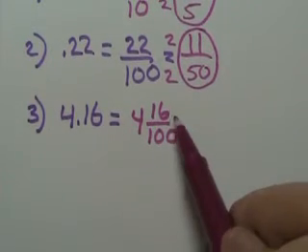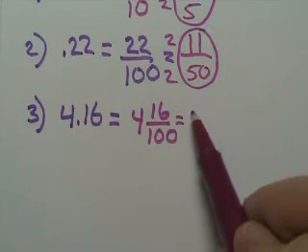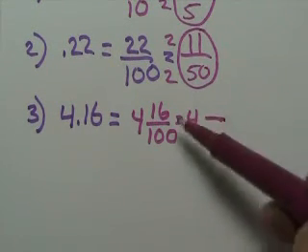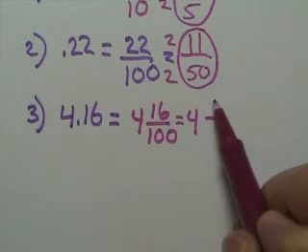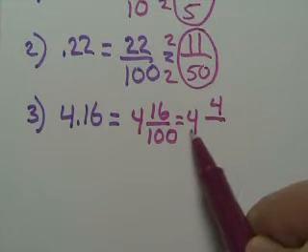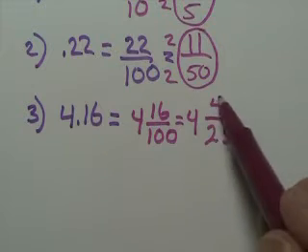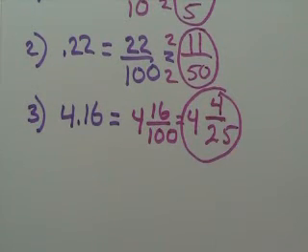What number will go into both 16 and 100? First of all, I'll put my 4 there. I believe the biggest number that goes into both of those is 4. 4 goes into 16 4 times. 4 goes into 100, 25. So the answer is 4 and 4/25.